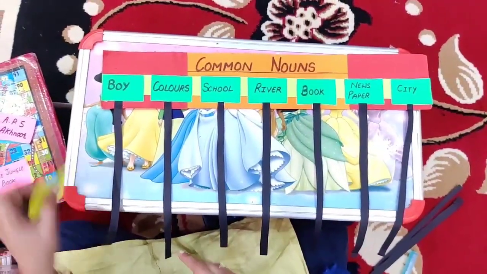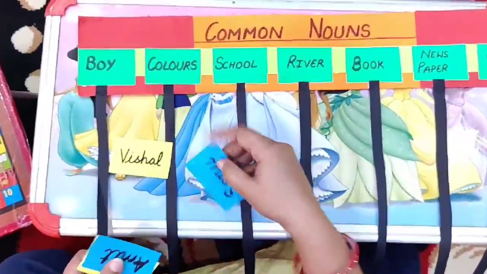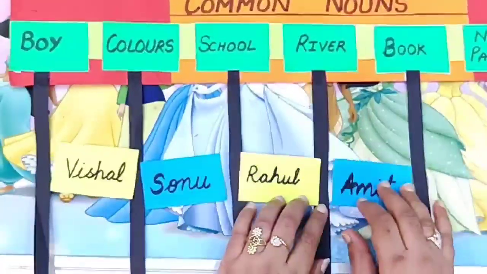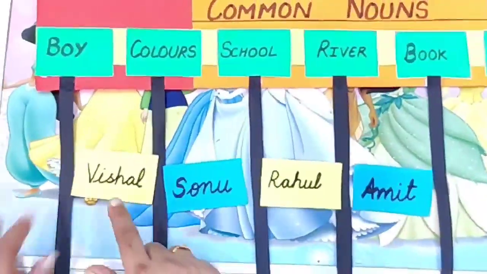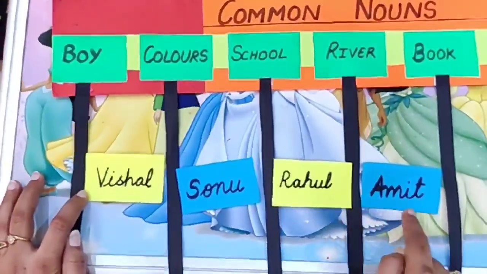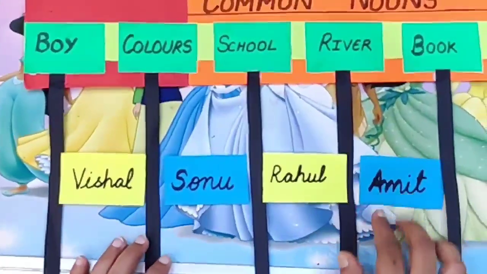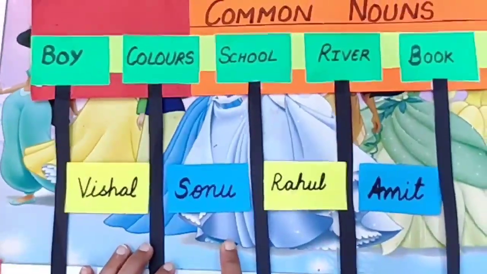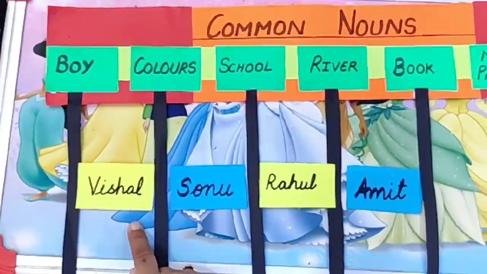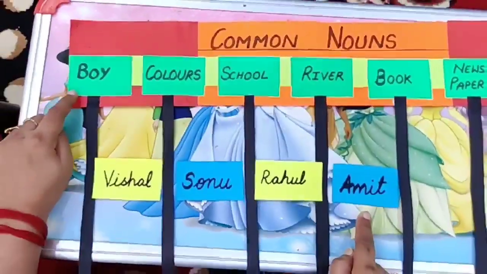Now, here I have some slips. You see, on each slip I have written some names. So, I will read out the names: Vishal, Sonu, Rahul, Amit. Can you guess who all they are? They all are boys. It means the common name for all these names is boy.